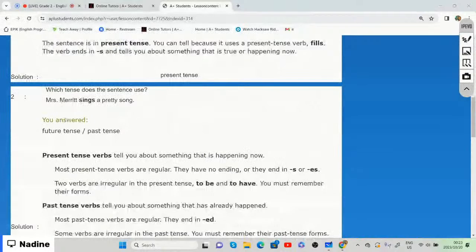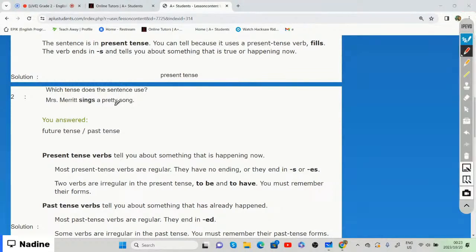Mrs. Merritt sings a pretty song. So we need to say which tense does the sentence use. So look at the word sings.